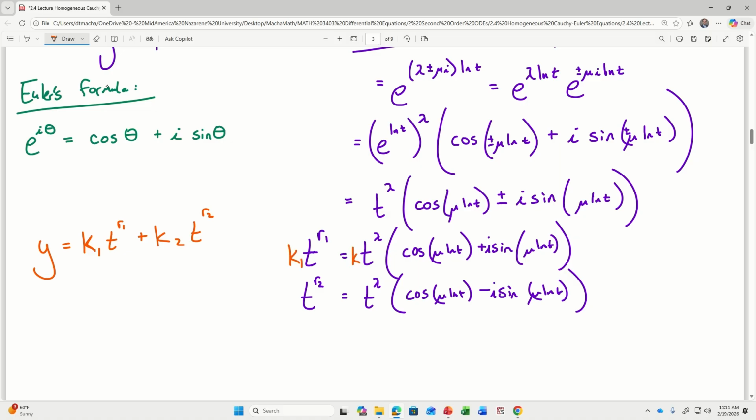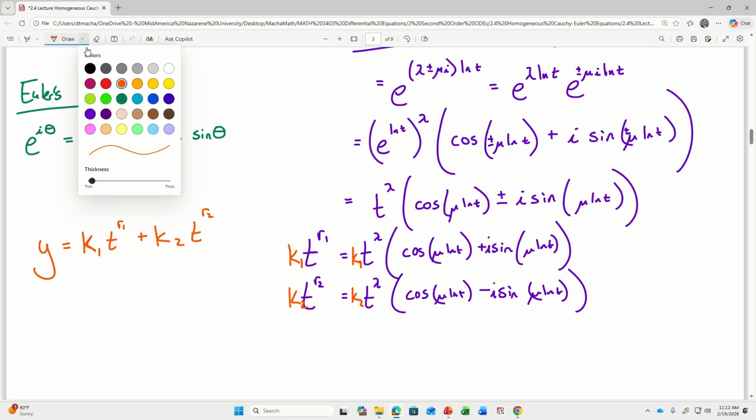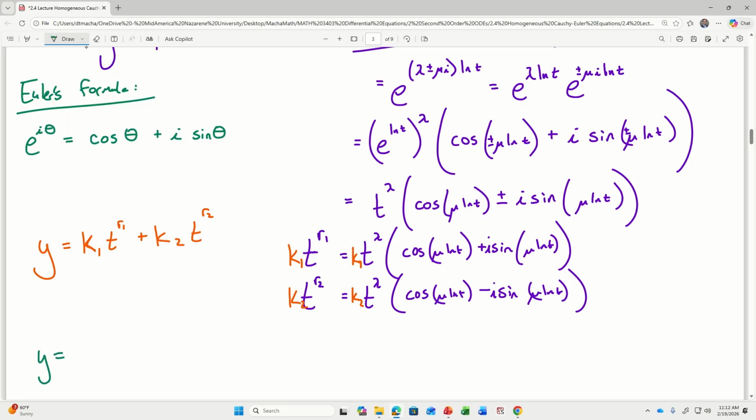Well, throwing in this constant here and here, and then adding these together, I could rewrite this as y equals... I'm trying to figure out what constant goes in front of the cosine.